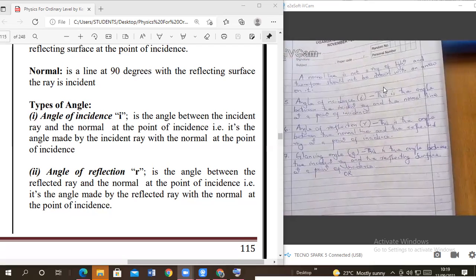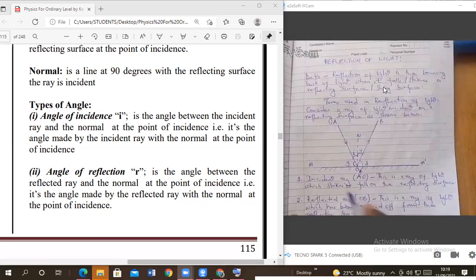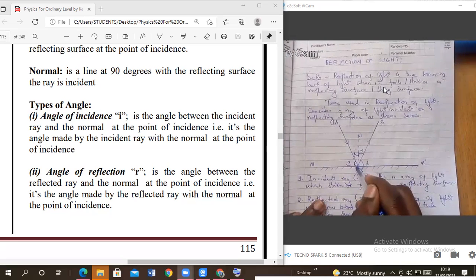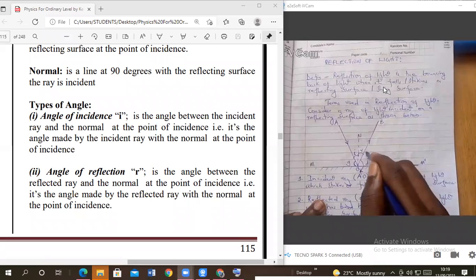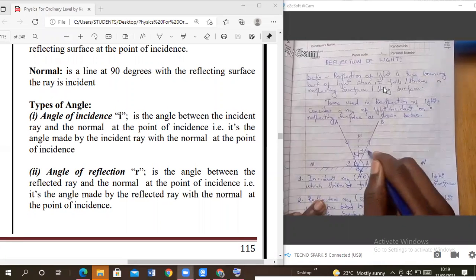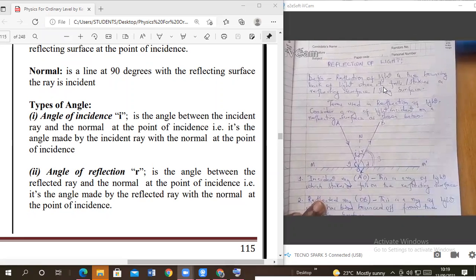Now let's go back to our geometry. You see this angle here is G, not so? What about this angle here? That angle is also G. Which property is that?